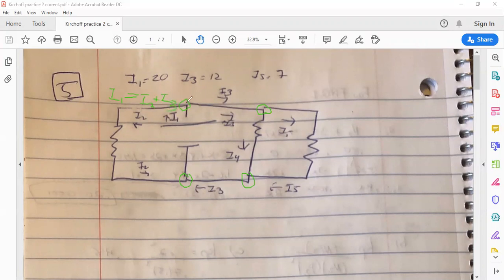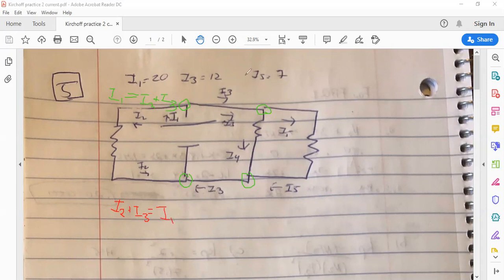I1 goes in, I2 and I3 go out. Let's do another one down here, change the color. For here, this is the opposite. I2 and I3 enter, and that gives us I1.